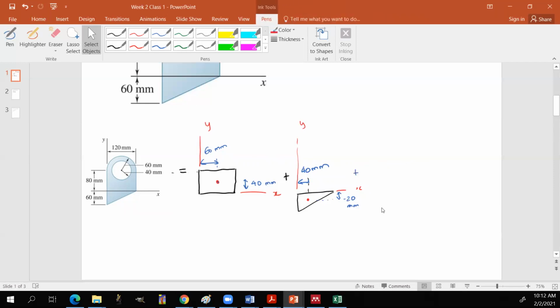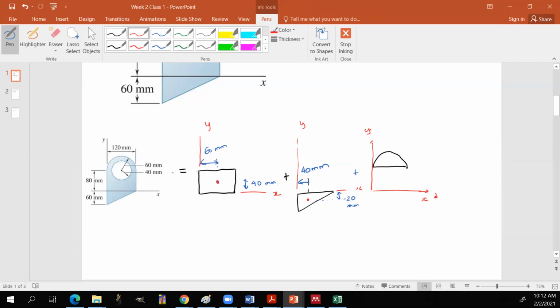All right, next, let's look at this semicircle on top over here. So we're taking the whole semicircle. For this one, that's my coordinate system, X, Y, like that.